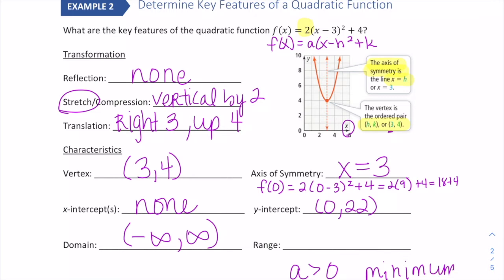The minimum, that y value, that's the lowest, actually ends up being the k, the 4. So we know that this range is going to go to 4 and include 4, so I write a bracket to the left, and it's going to go up in the positive direction, so it's [4, infinity).